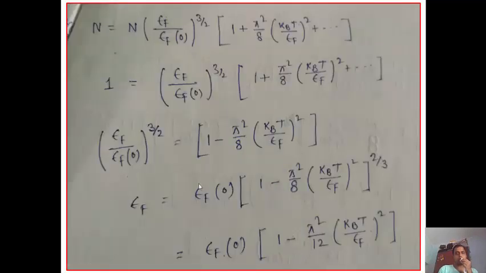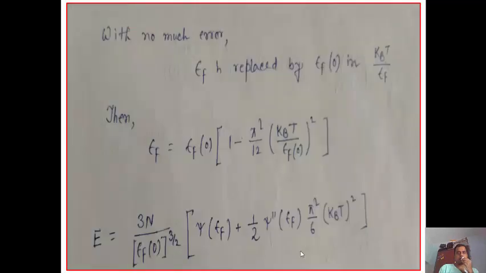Now, from the previous slide, we get the value of n equals n into (epsilon f by epsilon f0) to the power 3/2, and n by n equals 1, so 1 equals this. So from this we get epsilon f equals epsilon f0 into (1 minus pi square by 8 (kBT by epsilon f) whole square) to the power 2/3, that is equal to epsilon f0 (1 minus pi square by 12 (kBT by epsilon f) whole square).